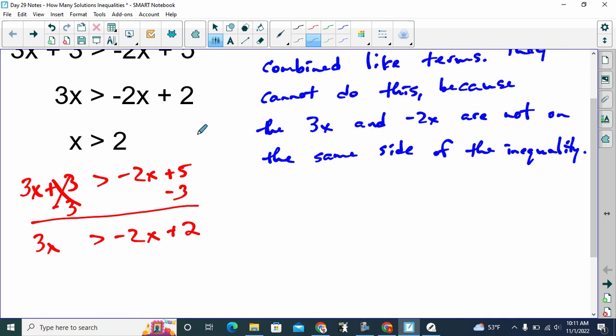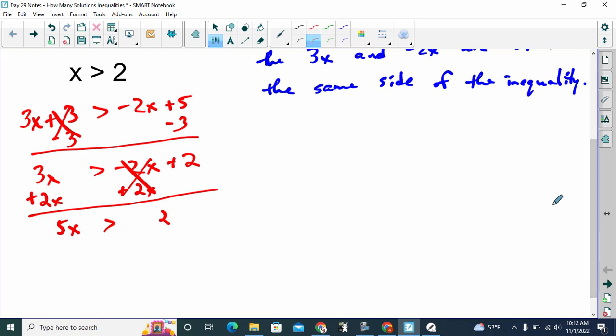Instead of combining like terms, if they are on different sides of the inequality, we need to move them over so they're on the same side. And we can do that by adding 2x to both sides. I bring down my 2. I bring down my greater than sign. 3x and 2x make 5x.